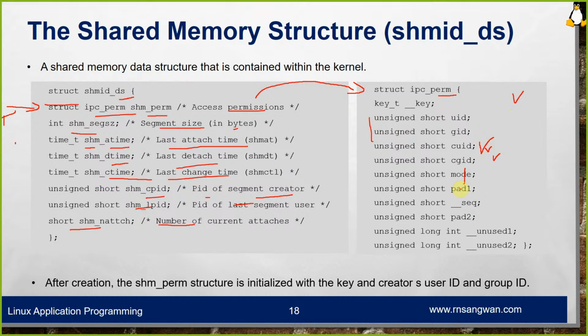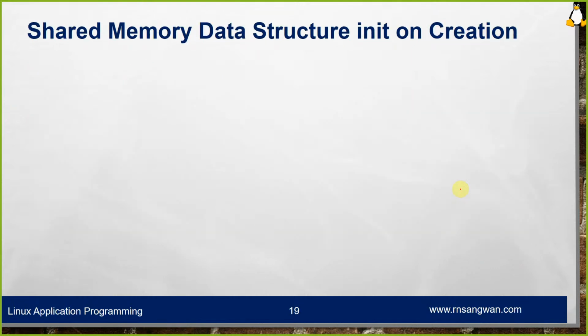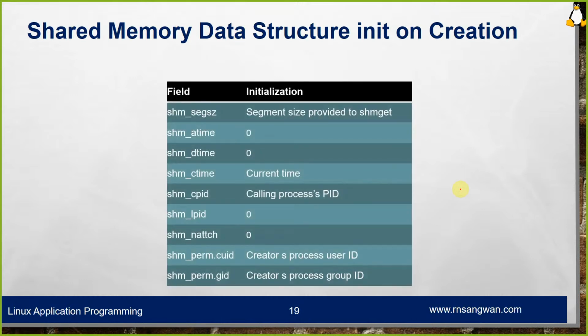After creation, the SHM permission structure is initialized with the key and the creator's user ID and group ID. The shared memory data structure is initialized on creation. So after initialization, you will get these default values.